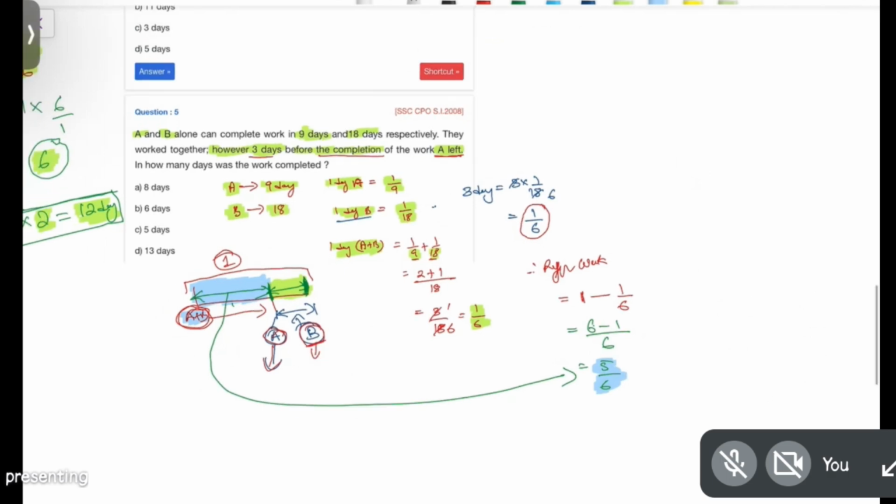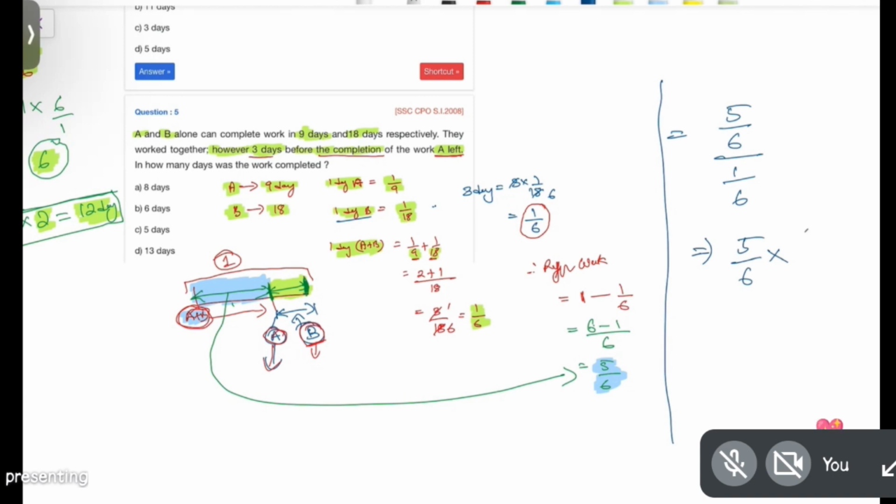So 5 by 6 needs to be done, divided by how much? By A and B together, 1 by 6. So we have 5 by 6 into, since it is a fraction, 6 by 1. So this 6 will get cancelled with that 6.